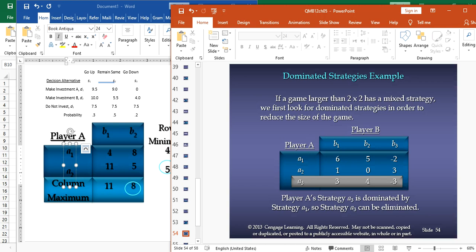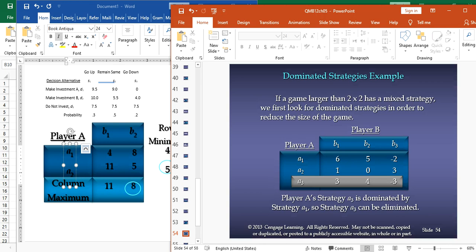Okay, what do we mean by dominated? So we have A1: 6, 5, minus 2. A2 is 1, 0, 3. 1 is smaller than 6, 0 is smaller than 5, but 3 is greater than minus 2. So this strategy is not dominated by that one. And even not by this one, because this value is greater than this one.